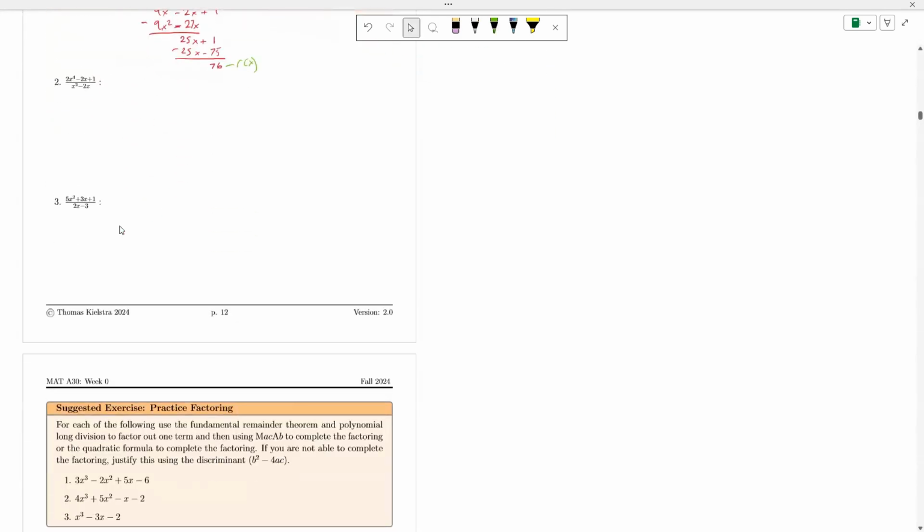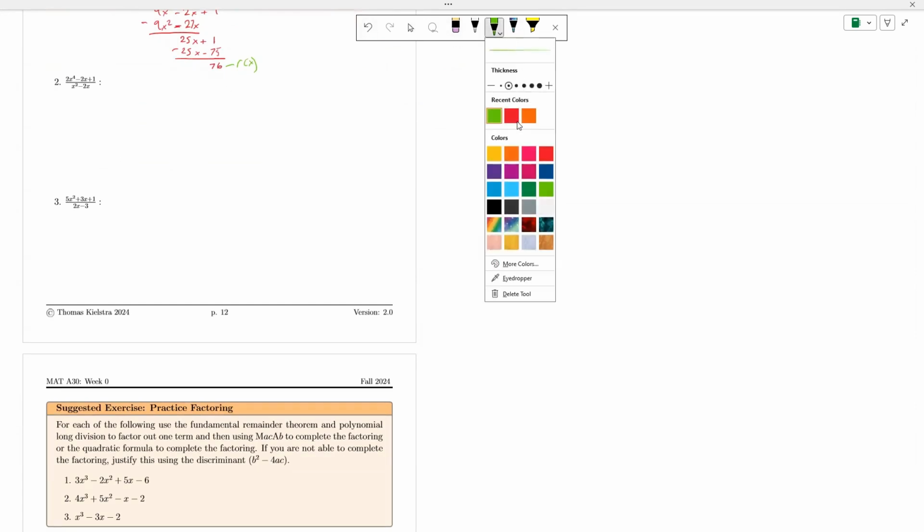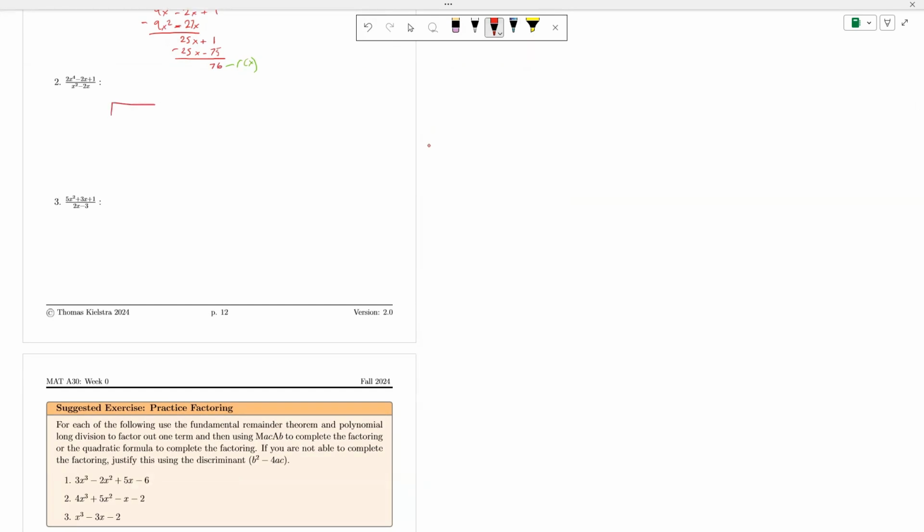Let's take a look at our next polynomial division. Here our dividend is 2x to the 4 plus 0x cubed plus 0x squared minus 2x plus 1, and our divisor is x squared minus 2x.